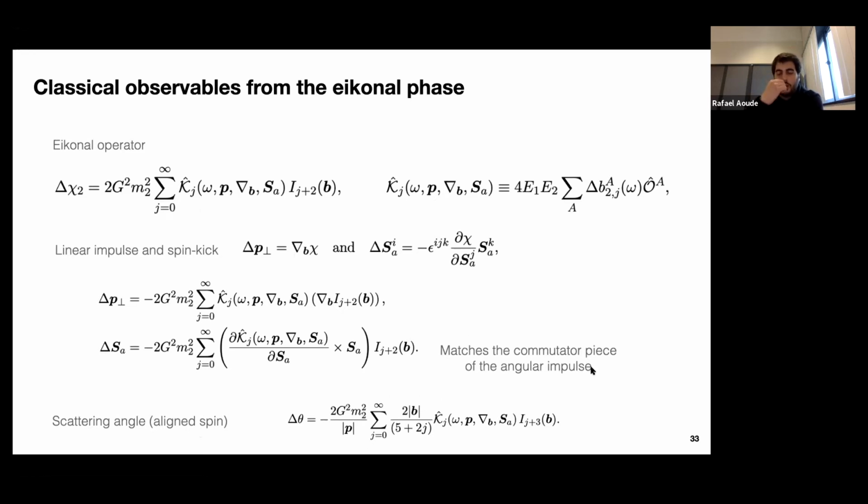So this is the compact way to write the scattering angle, the linear impulse, and the spin kick. And in the paper we show the explicit formulas, but here I just wanted to say a bit on these derivatives and how they act.